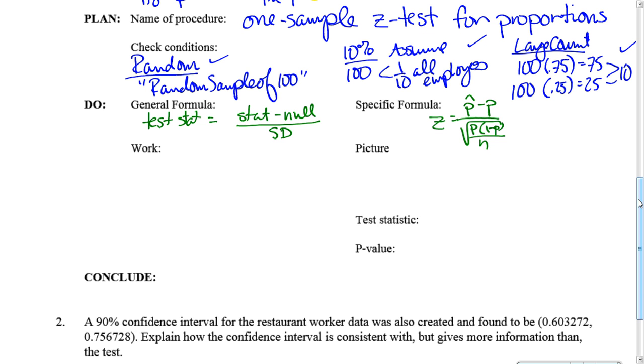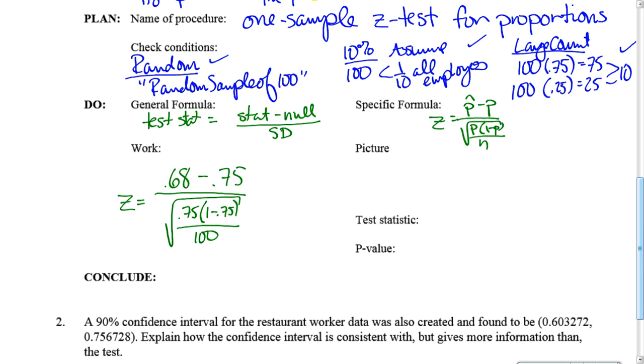So you're going to do all your work. In this case, our z-score is, we found the p hat of 0.68. We're going to subtract off the 75% that we assume is p. And over here, since we're testing the null hypothesis, we're going to use the assumed p-values.